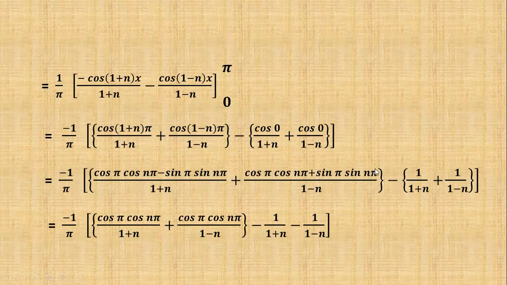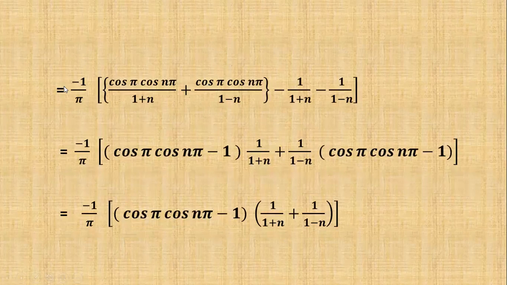Here also sin pi is 0. The total term is 0. So, remaining terms are cos pi into cos n pi by 1 plus n, and cos pi into cos n pi by 1 minus n, and the lower limit terms minus 1 by 1 plus n minus 1 by 1 minus n. Okay. Now, minus 1 by pi into cos pi cos n pi by 1 plus n plus cos pi cos n pi by 1 minus n minus 1 by 1 plus n minus 1 by 1 minus n.